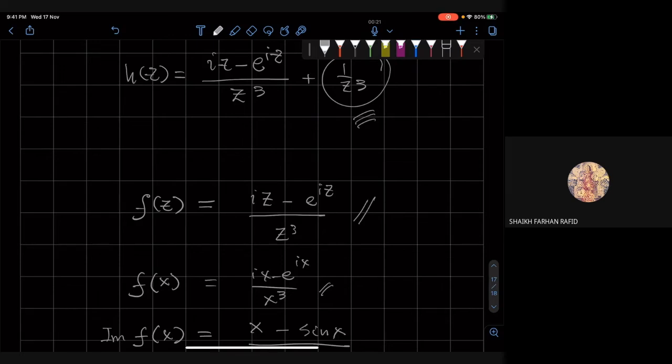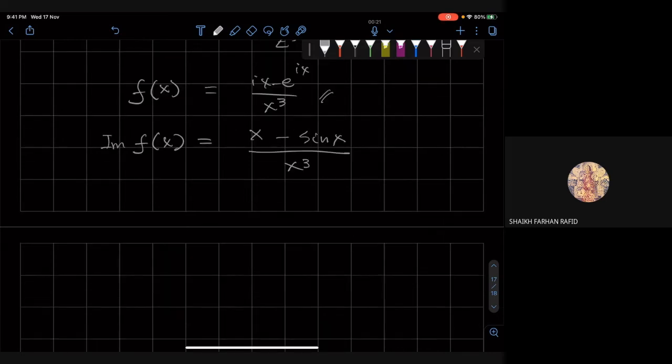Okay? Now let's look at another function, 1 over z cubed. Now this function on the real line becomes 1 over x cubed. Okay? Is that clear? On the real line. Yes, sir. So does this function have an imaginary part?